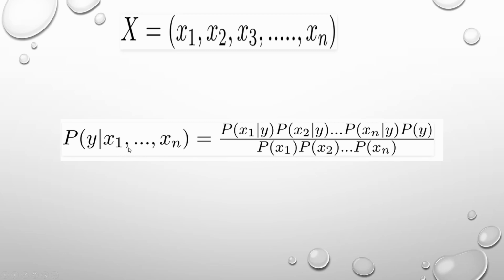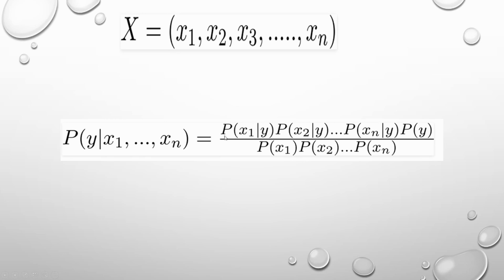So this is another formula of the naive Bayes classifier. So here we can replace x with outlook, humidity, temperature, and then windy or not. So here we can represent our x1, which is, let's say, the first row, and then the class.